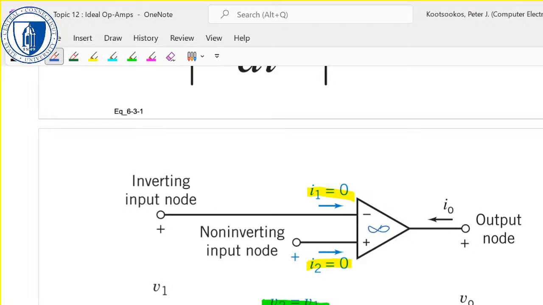So if the voltage gain is infinite, so what I mean by voltage gain, the output voltage is equal to some value G times V2 minus V1. Right? And this here is saying, ideally we're saying that the gain is infinite.